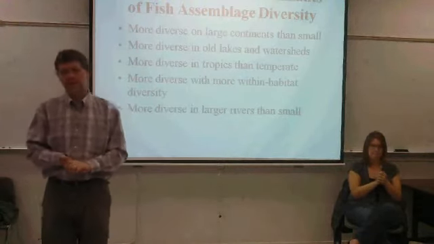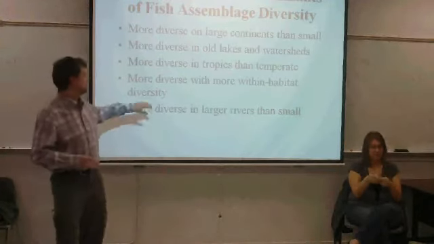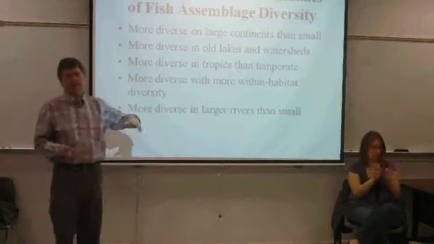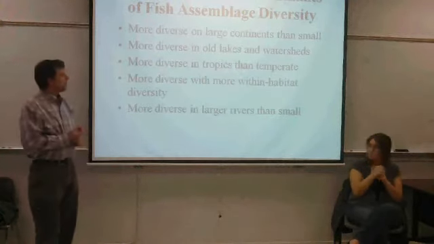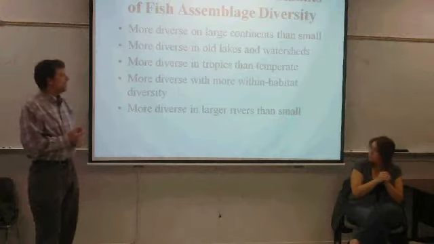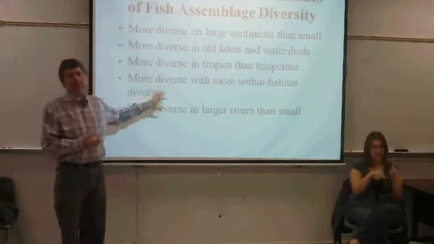And I don't know what the exact reason for that is, but I think that with the fish, time of evolution is important, and they're able to move around and stay in habitats as well. If you have more within habitat diversity, the diversity can be greater.